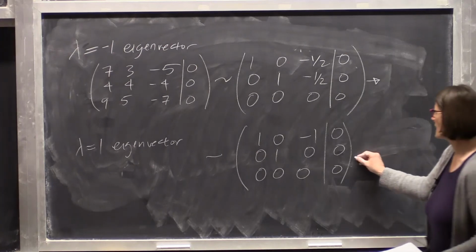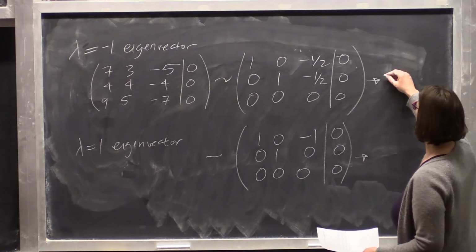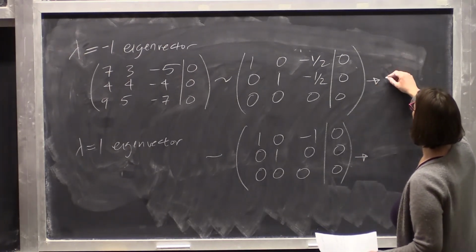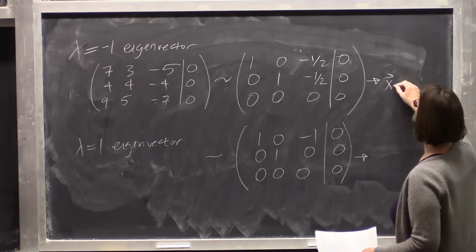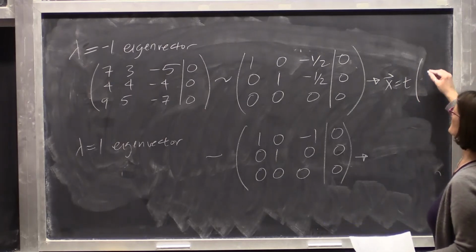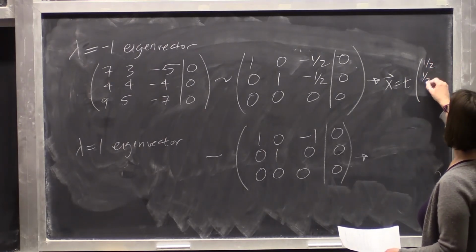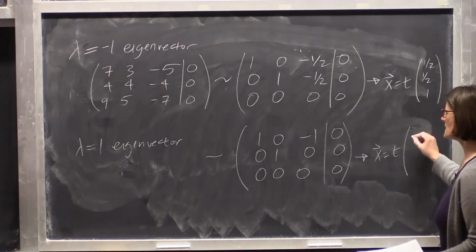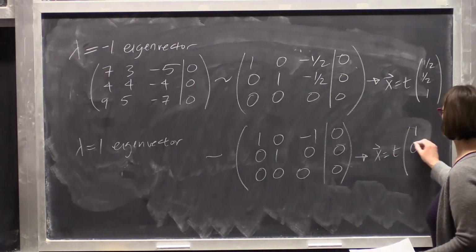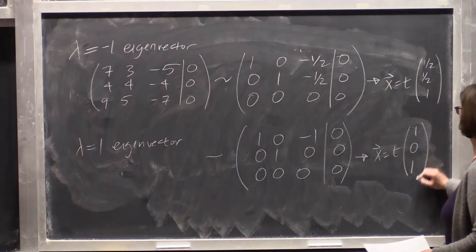And here, I'm going to get an eigenvector. So the eigenvectors here are all of the form t times 1 half, 1 half, 1. Here, the eigenvectors are all of the form t times 1, 0, 1.